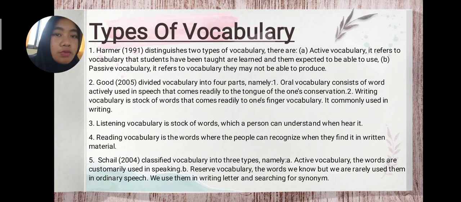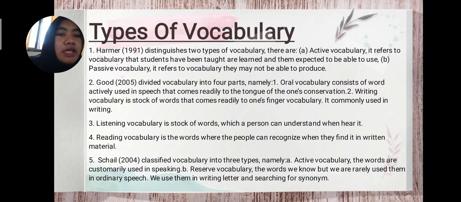Good, 2005, divided vocabulary into four parts. Namely, oral vocabulary, which consists of words actively used in speech that come readily to the tongue in one's conversation. Writing vocabulary is the words that come readily to one's fingers. It is commonly used in writing.